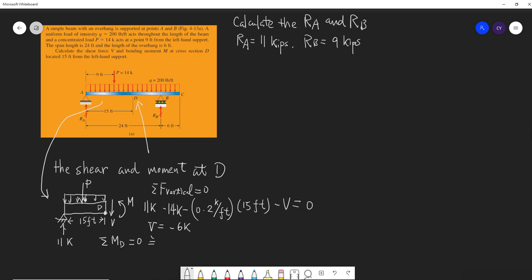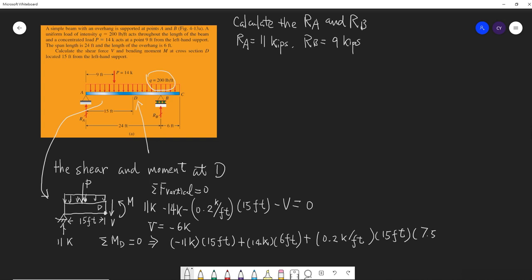In this case, you can write down the formulation: minus 11 kips times 15 feet, this is the arm, plus 14 kips multiplied by 6 feet, the arm, plus 0.2 kip per foot, this kip per foot is the quantity, and you also need to multiply the total length, 15 feet, and multiply by the arm 7.5 feet.